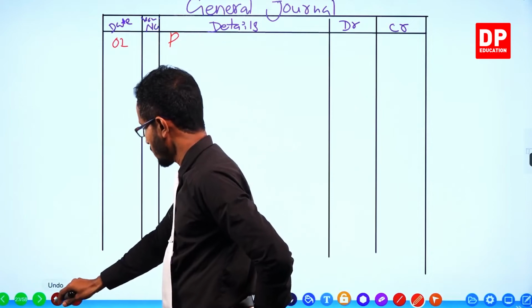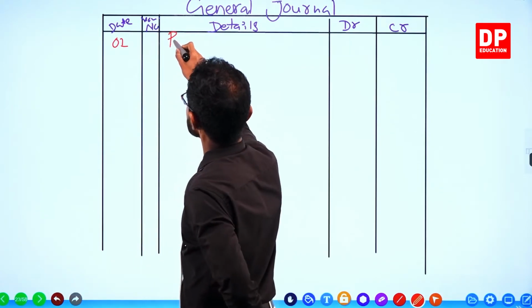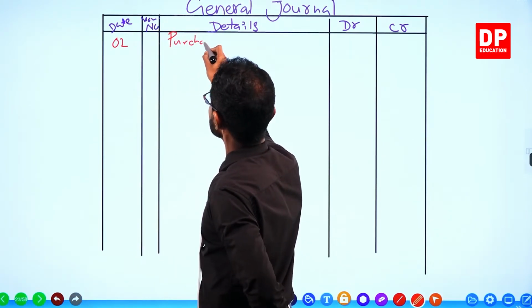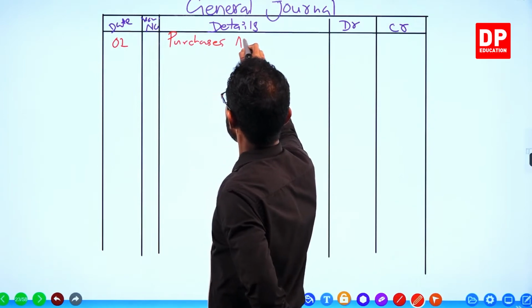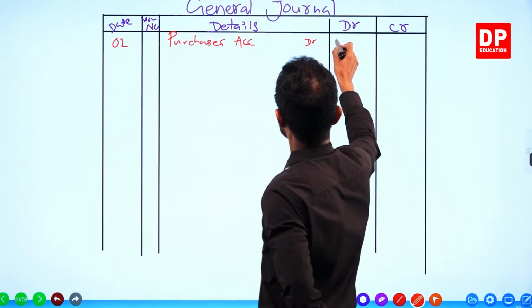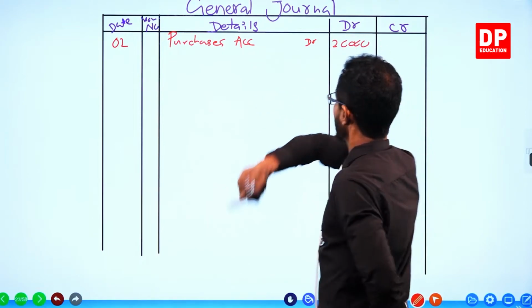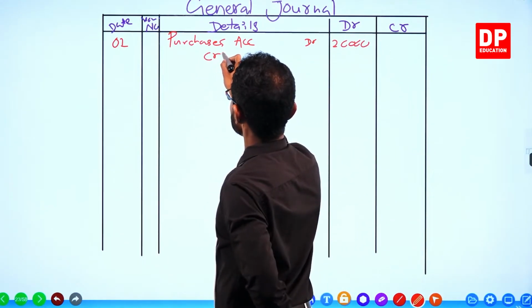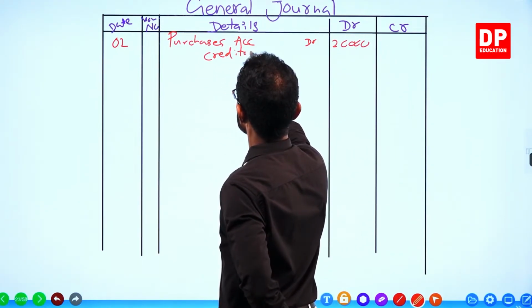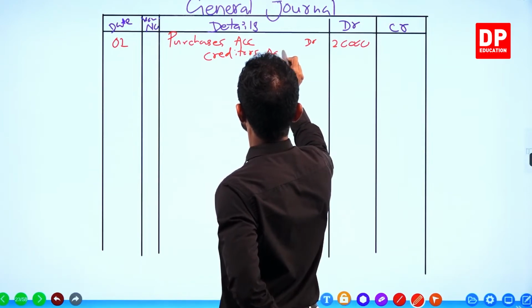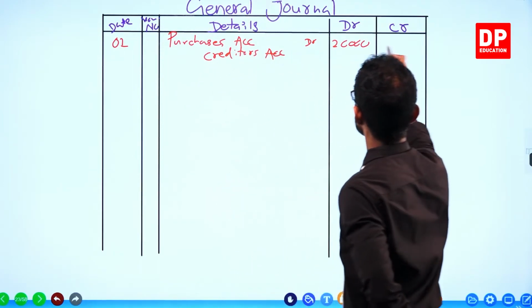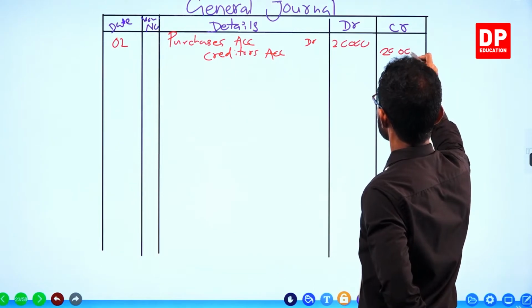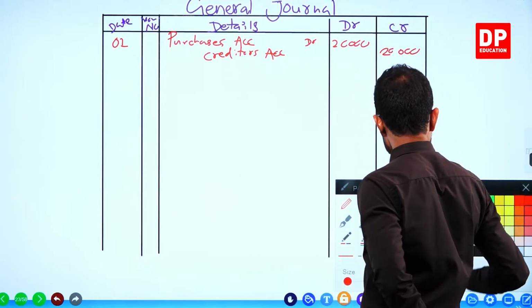Can't you identify my handwriting? Purchases account debit 20,000. Okay. Creditors account should be credit 20,000. Write the narration.